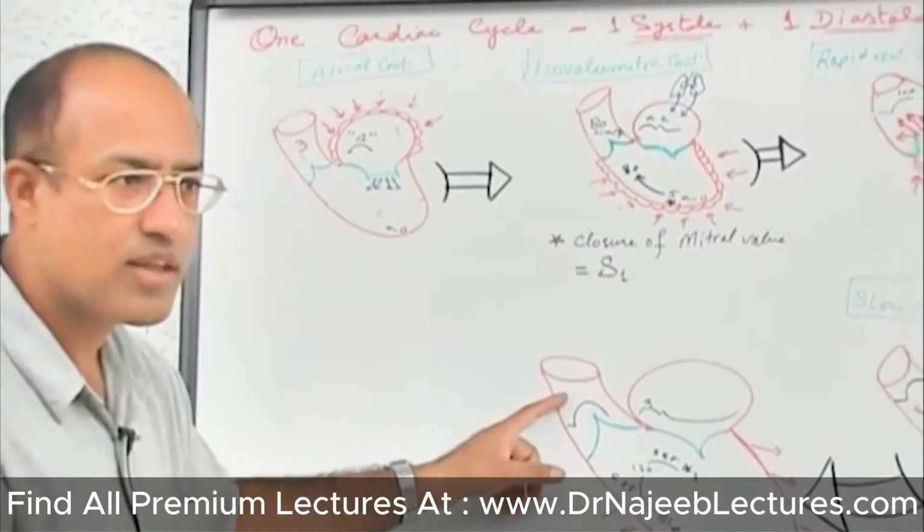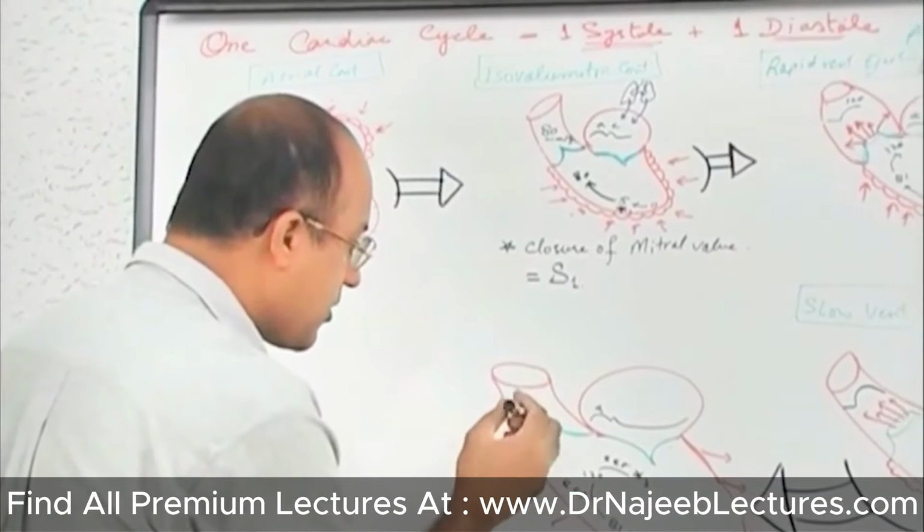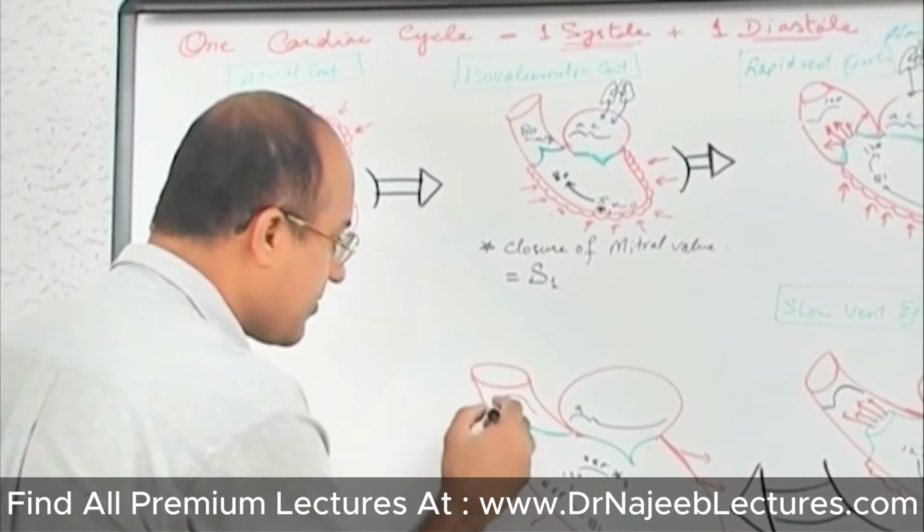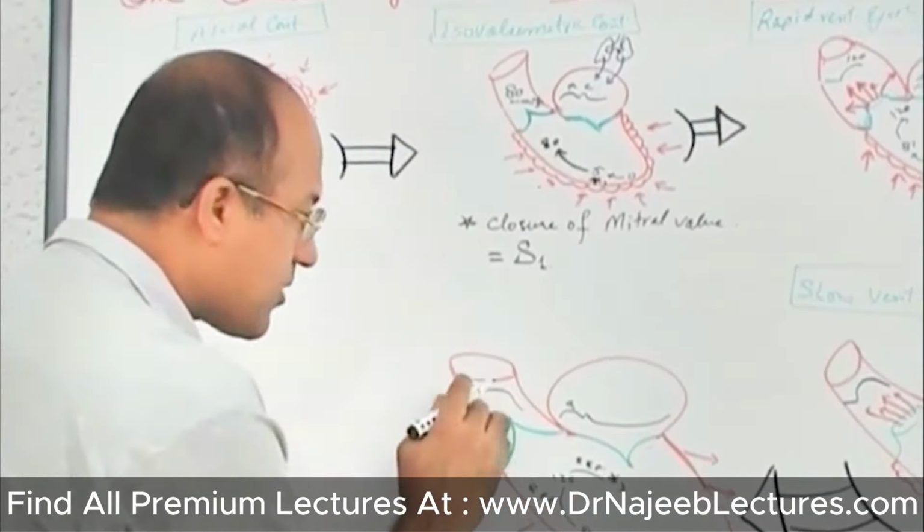Right now they become independent chambers, so their pressures will go away from each other. Aortic pressure will remain high, but ventricular pressure during this time will start falling down.